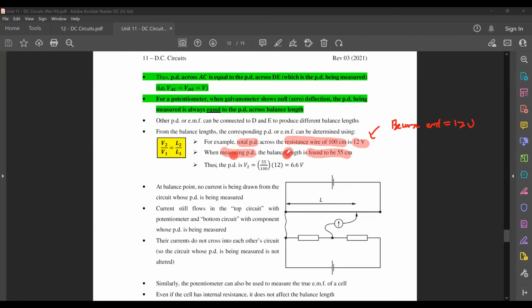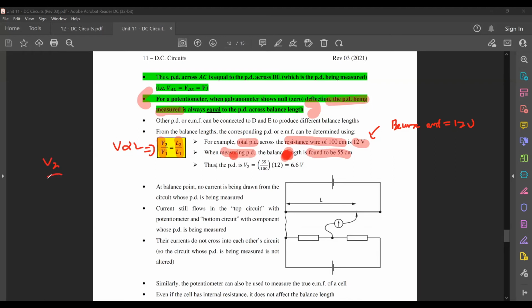So I want to find the PD across that balance length. When I am able to find the PD across that balance length, it will be equal to the PD that I want to measure. This is the most important thing for a potentiometer. 0 reading across your galvanometer, the PD across your balance length is the PD of whatever you want to measure. Okay, so you're trying to find that PD across your balance length right now by using this relation, because V is proportional to L. Therefore, V2 over V1 is L2 over L1.